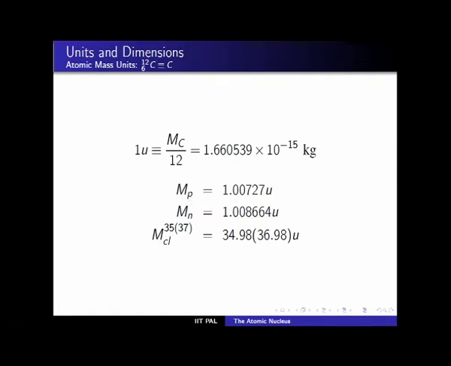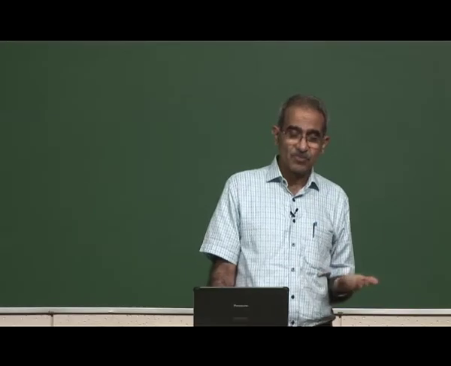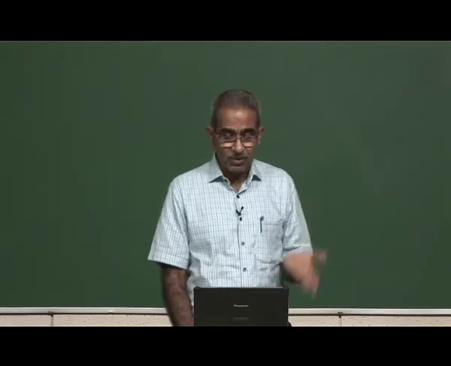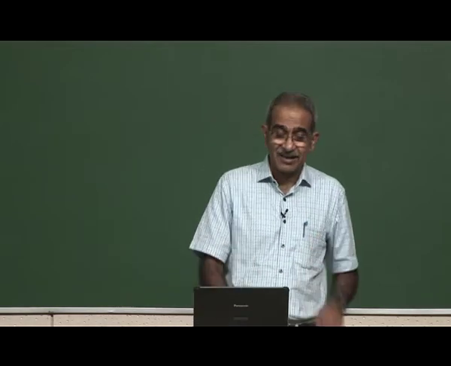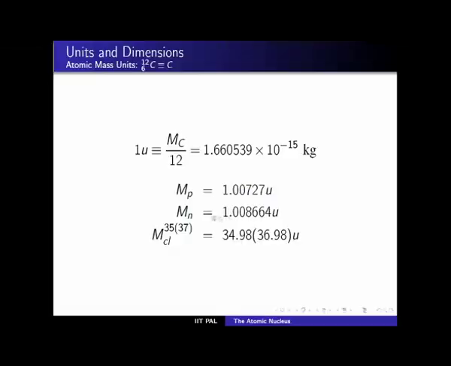All of them are expressed up to 6 significant digits, apart from 10 to the power of minus 15: 1.00727 units, and mass of the neutron is 1.008664 U. Remember, I discussed the relation between the mass of the neutron and the proton when we were discussing Chadwick's experiment. He estimated it to be something like 1.1 times. Then we said that no, there was a 10% error in that calculation.